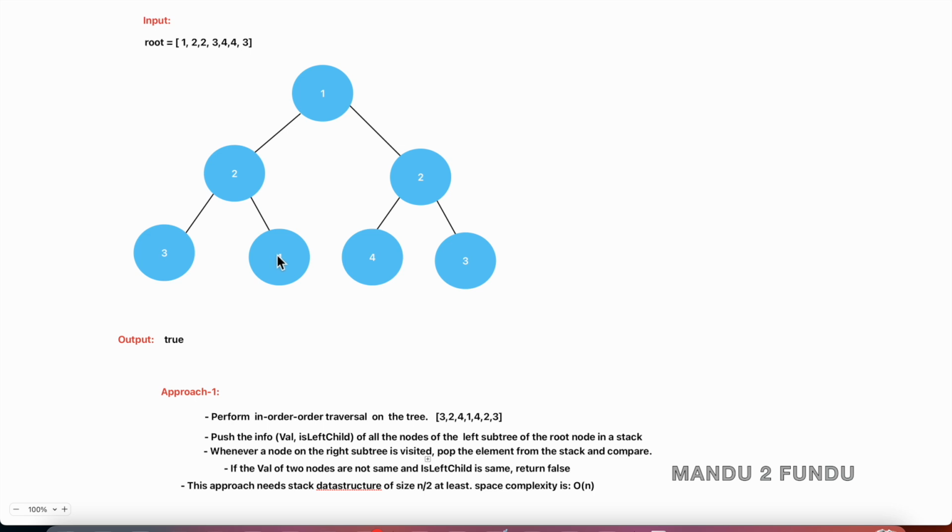But for node 4, this value is false. But this approach requires at least half the size of the tree as stack space, in addition to the system's stack space, because we are making a recursive call. Each call will create a stack frame. So this is approach 1.